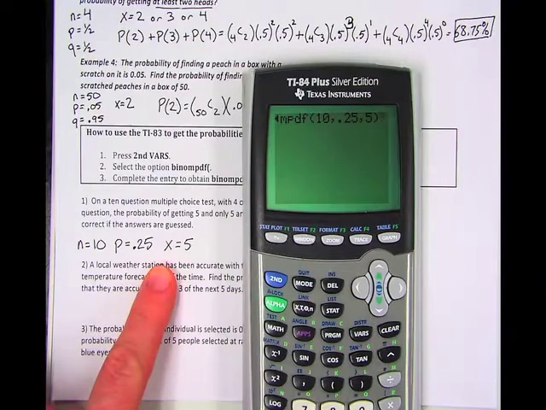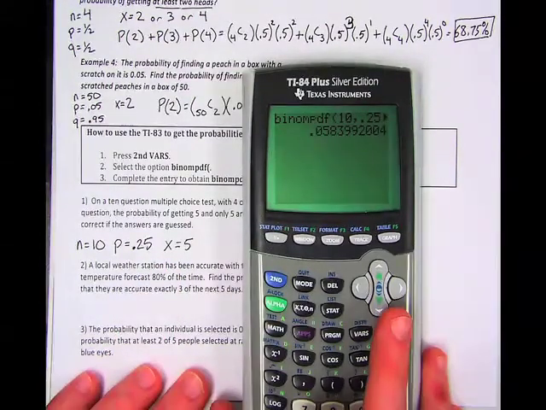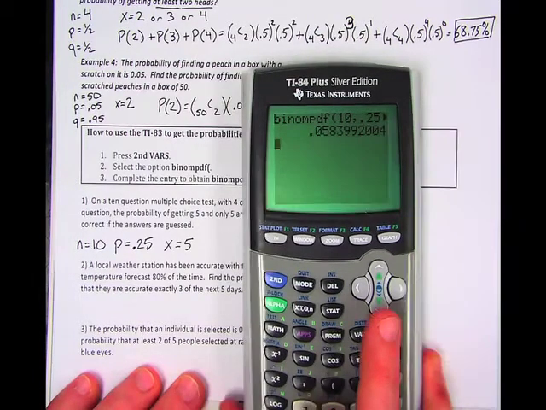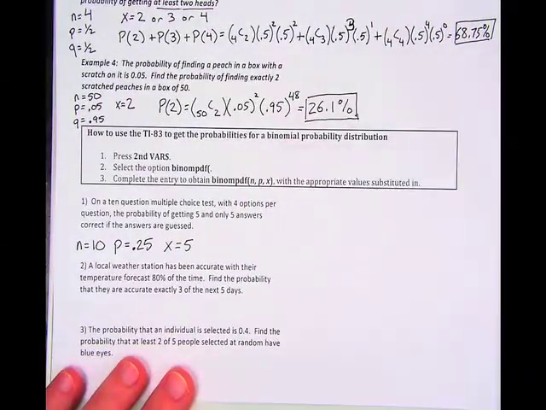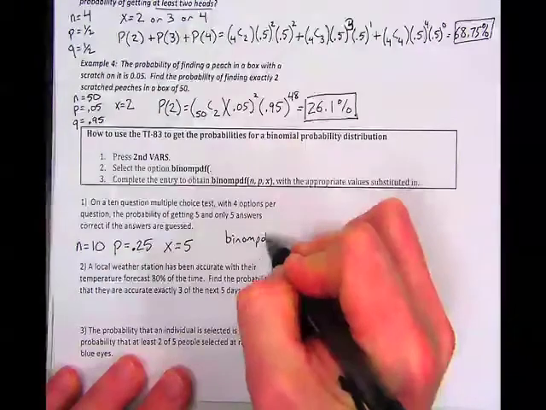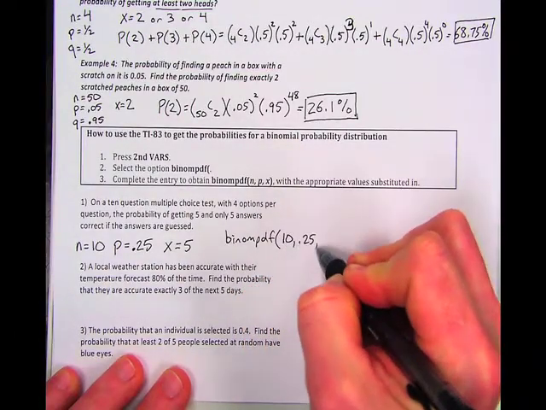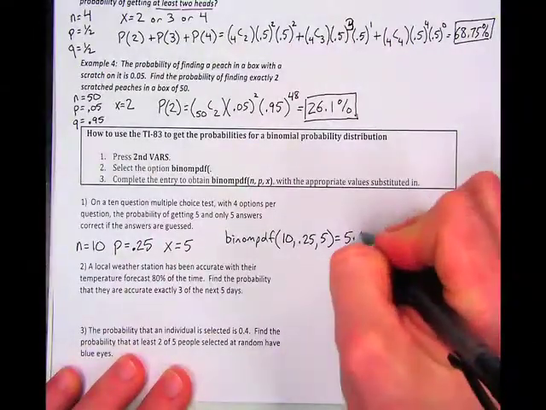When we hit enter, it gives us the probability in decimal form. We'll just usually change that to a percentage. Okay. So here's what we did. We did Binom Pdf N, P, X. And it ended up giving us 5.84%.